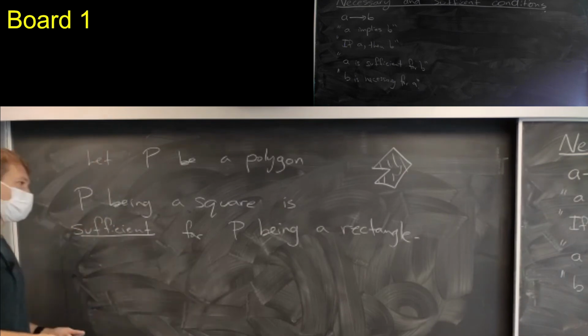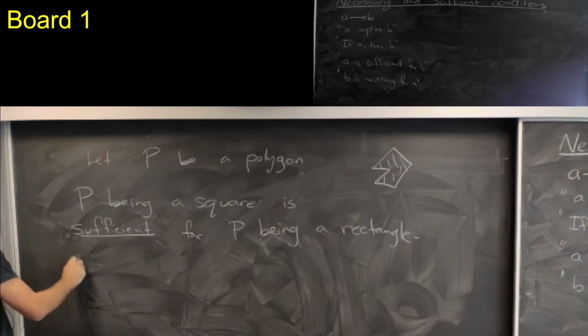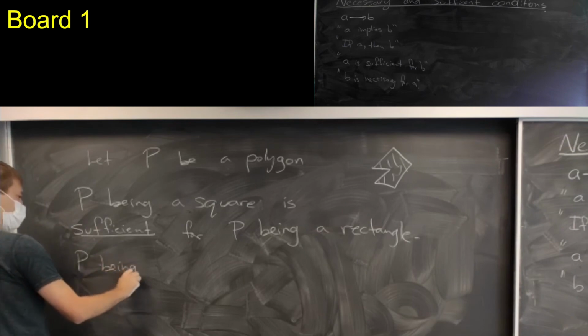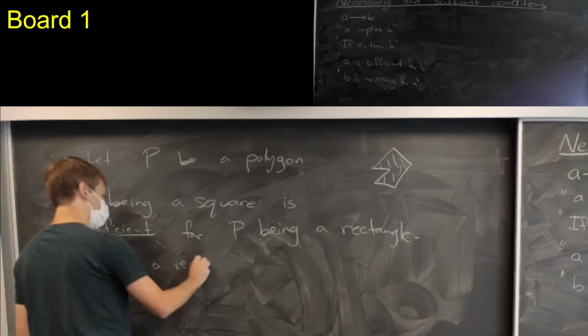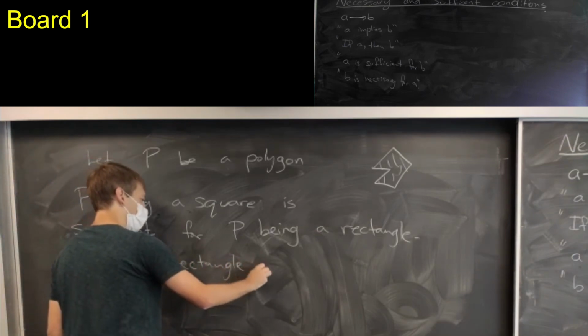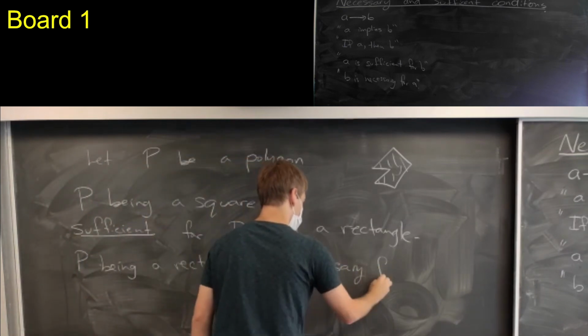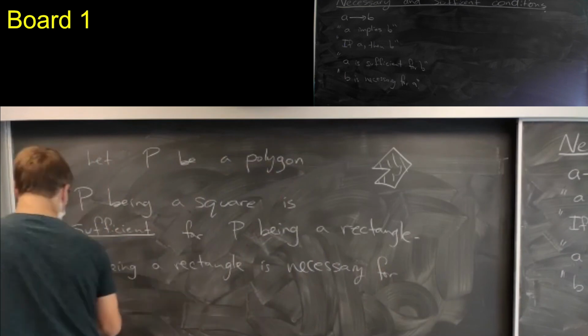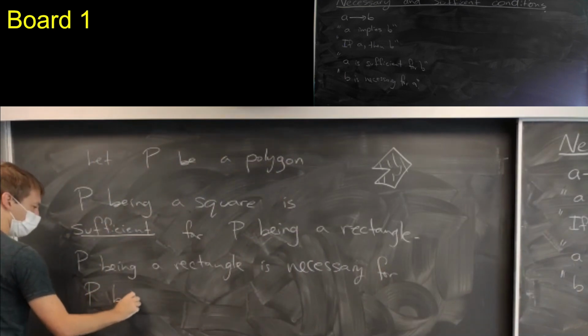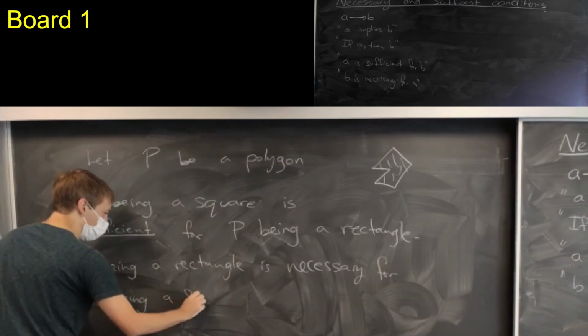Another way to say the same thing is that P being a rectangle is necessary for P being a square.